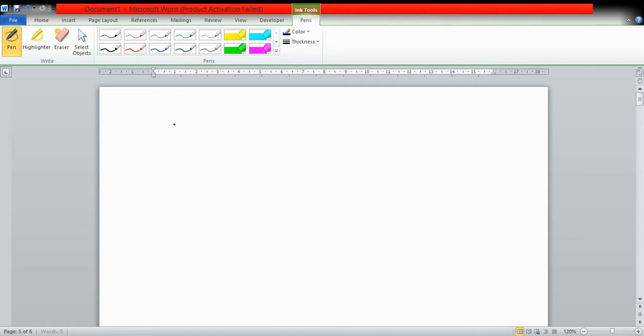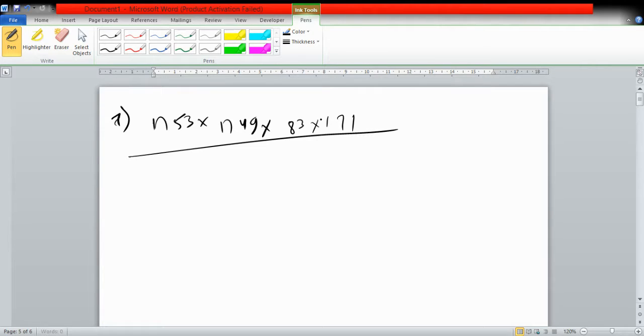Next example: 1753 into 1749 into 83 into 171 divided by 17.